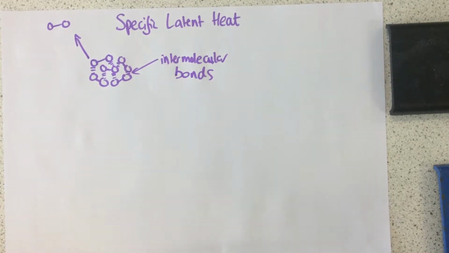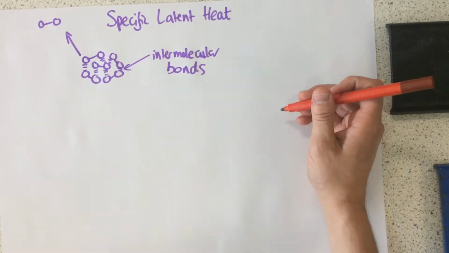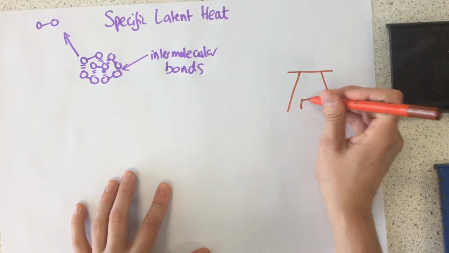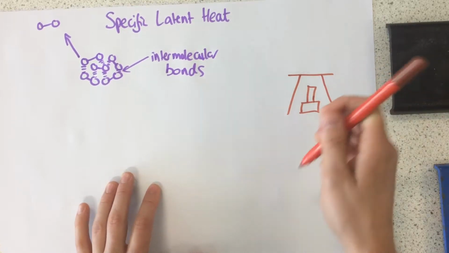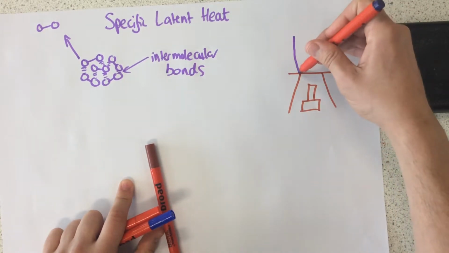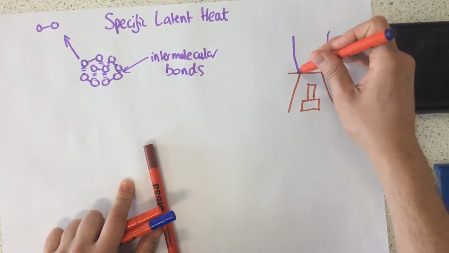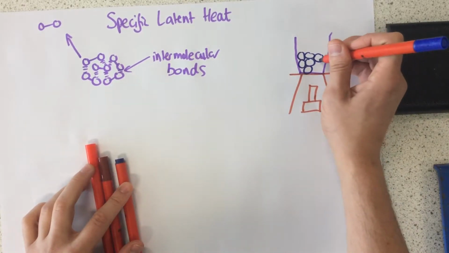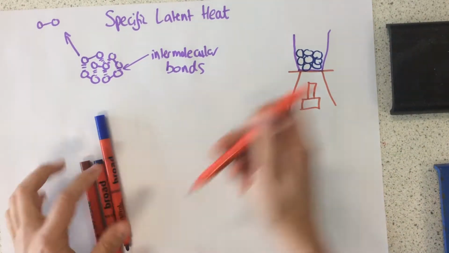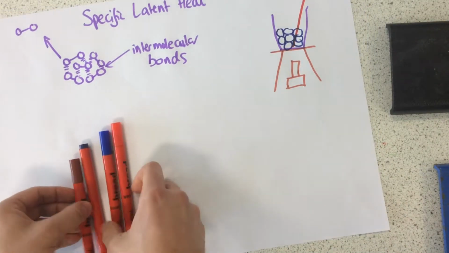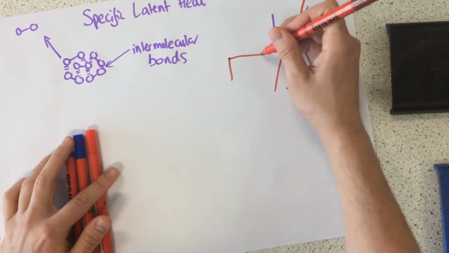So there's actually an experiment that we can do, and the results really help us visualize what's happening. If we get a Bunsen burner here, and on the Bunsen burner I've got a beaker, and within the beaker I have lots of ice. I can heat up the ice and then read my temperature change on a thermometer.